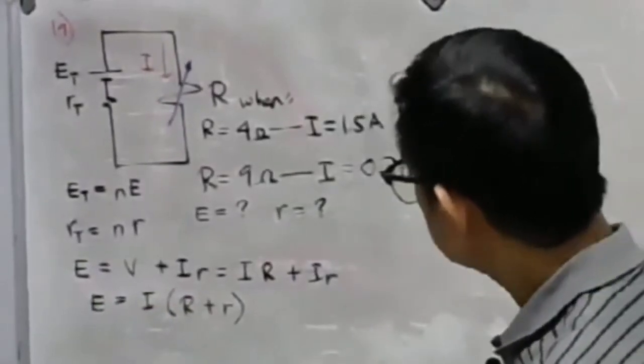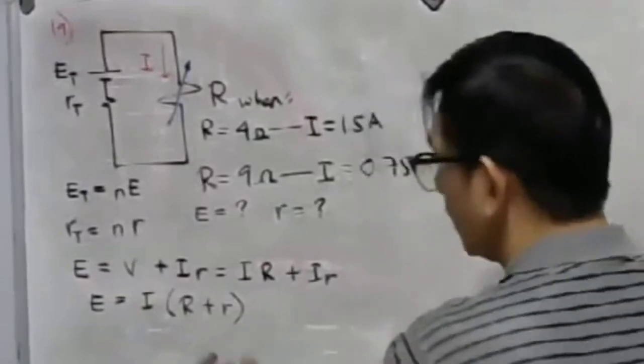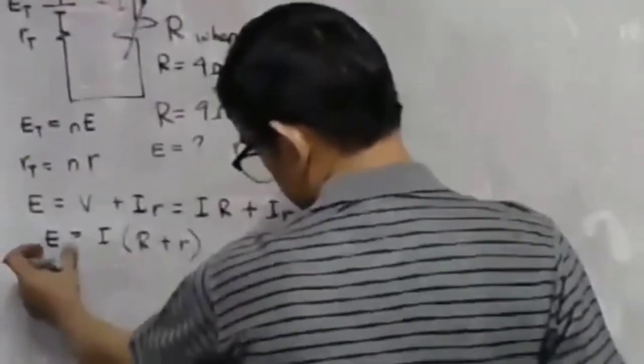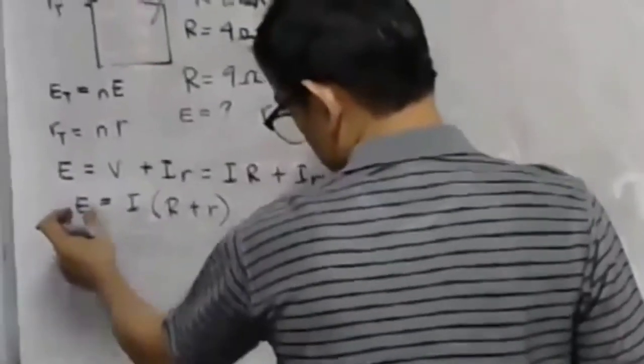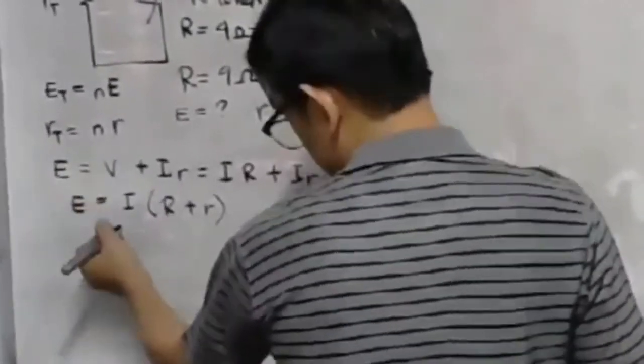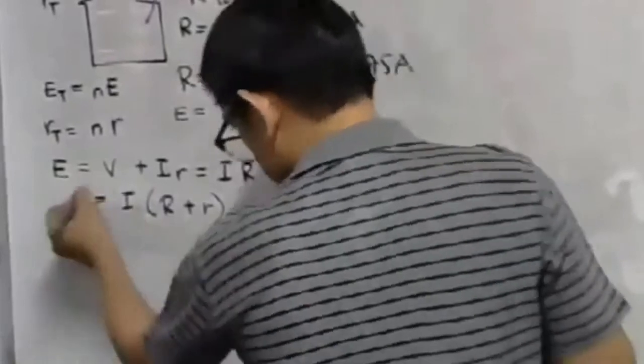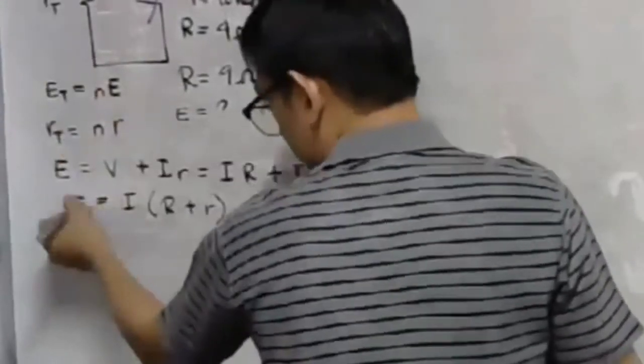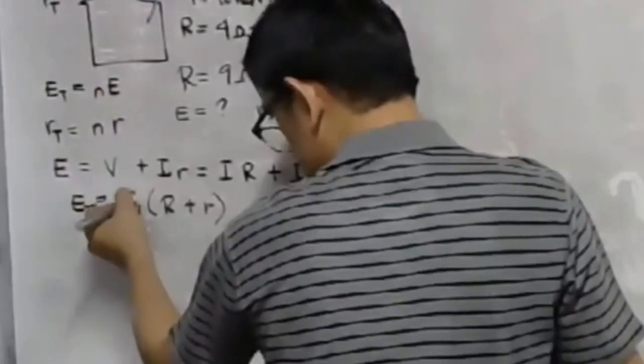Now, we have the E. Okay, I will put here the total. These are the total. The total internal EMF, then this is the total current.